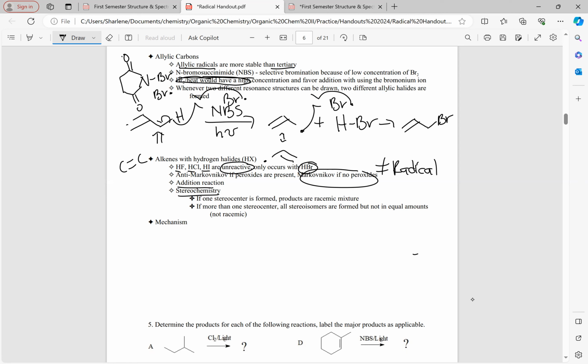All right, let's do our simple molecule here. Okay, and then we're going to have some peroxides and some light or heat. The first reaction in this case is, of course, going to break the weakest bond, and that is the peroxide bond. So we're going to make two peroxide radicals.